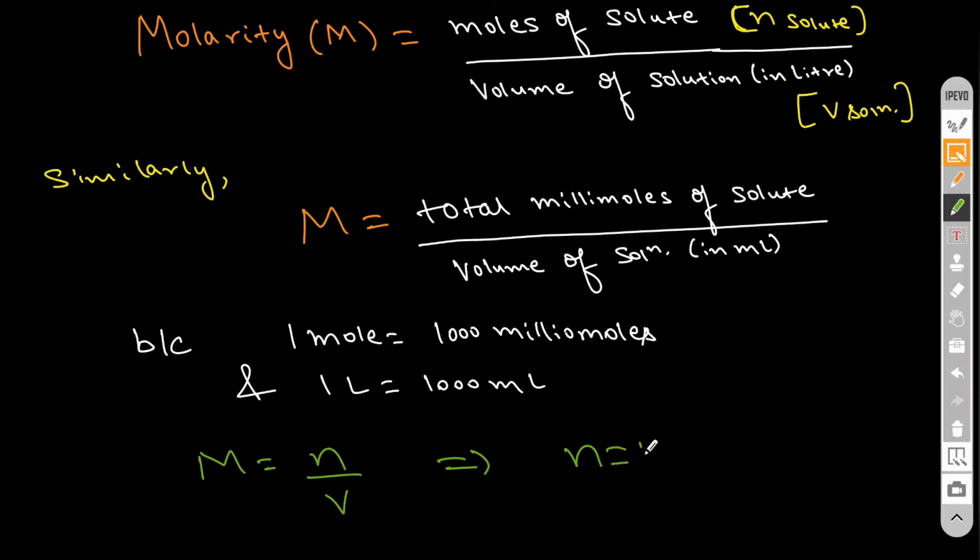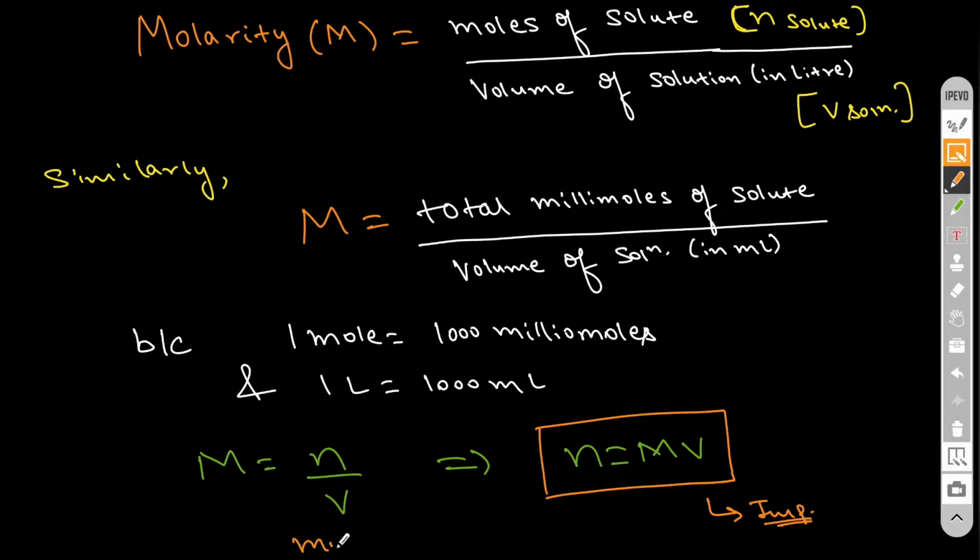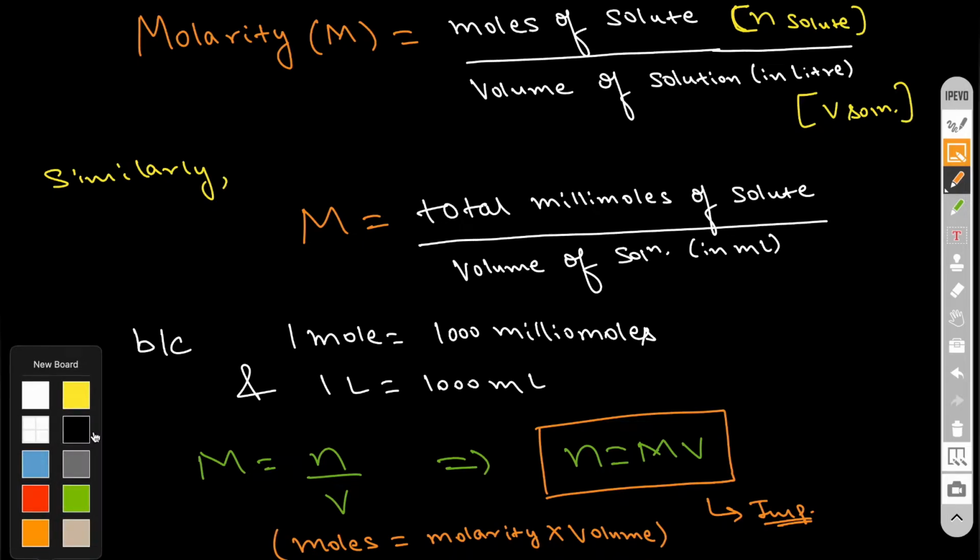Also, molarity is moles of solute divided by volume of solution. So we can write that moles is equal to molarity times volume, right? This is an important result which we will use further. Now we'll write unit of molarity.